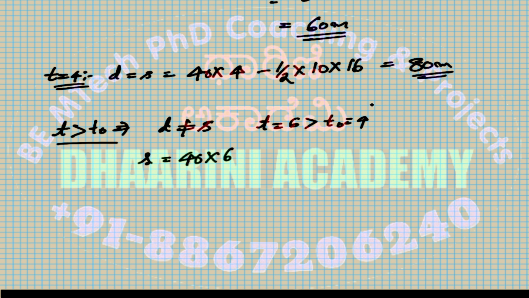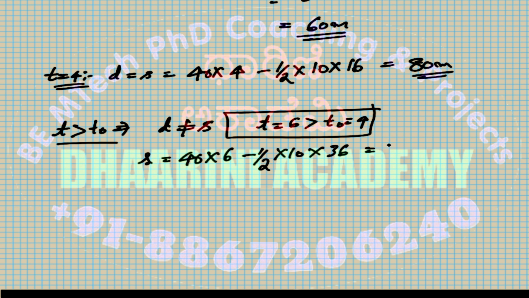So 40 into 6 minus half into 10 into 6 square, that is 36. This comes to 60 meters. The object will be at a height of 60 meters when the time is equal to 6 seconds.